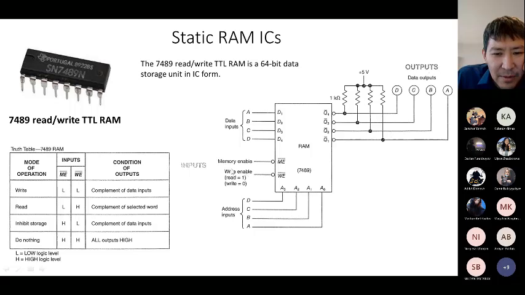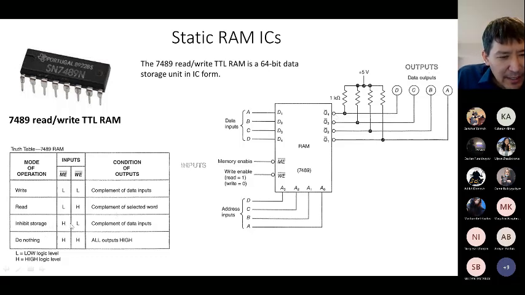You disable writing, and you just give the address inputs, and you will get outputs. For example, if you give address 0 0 1 0, then on the output will be the data that you stored in this address.